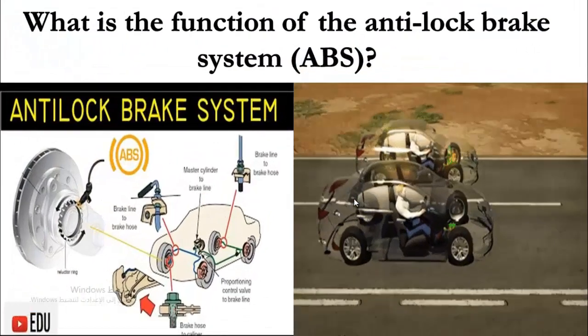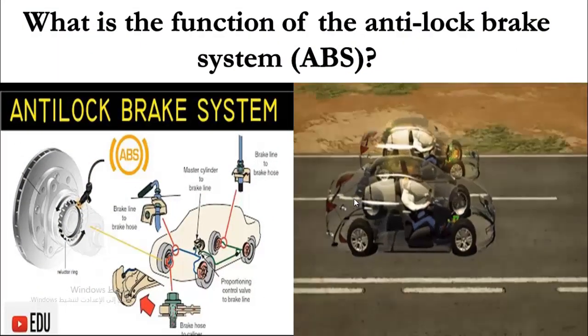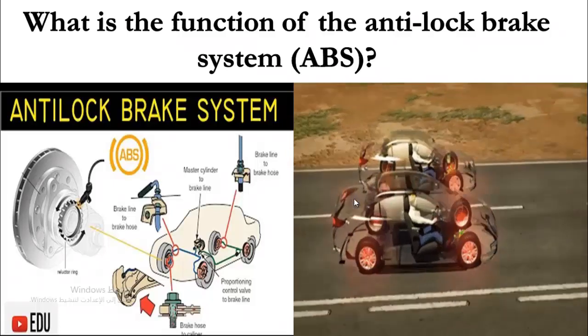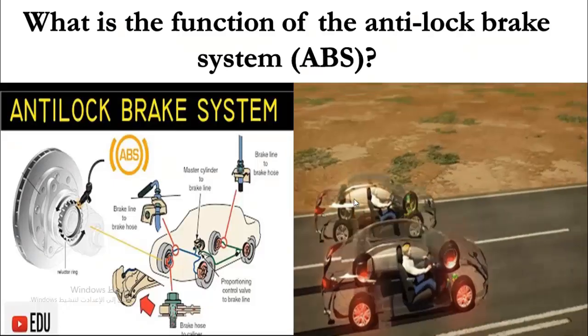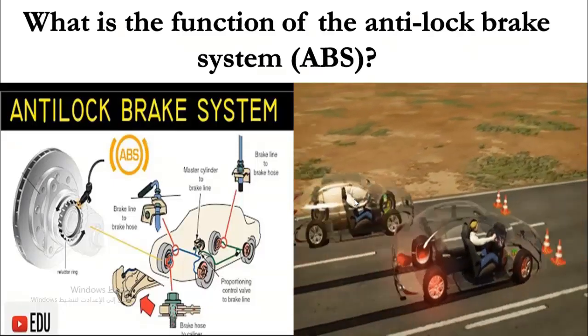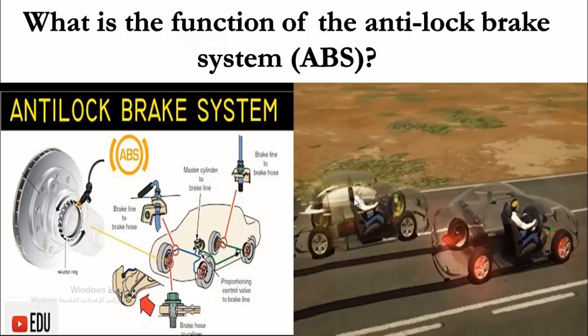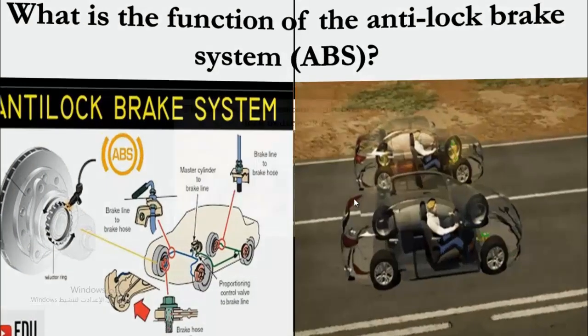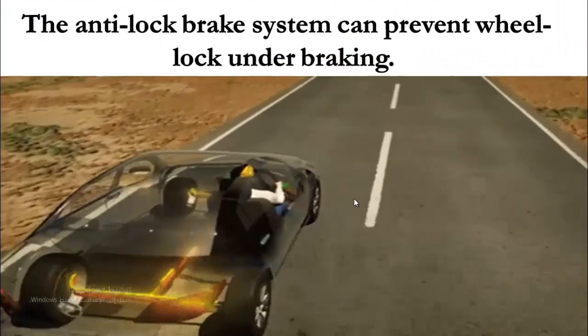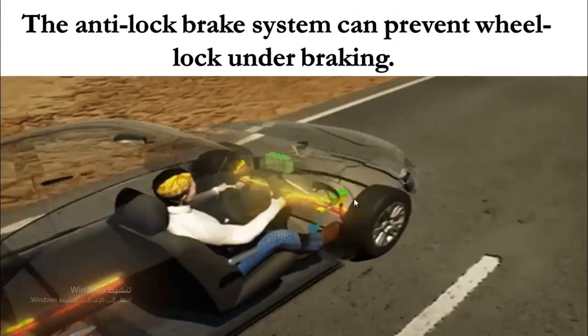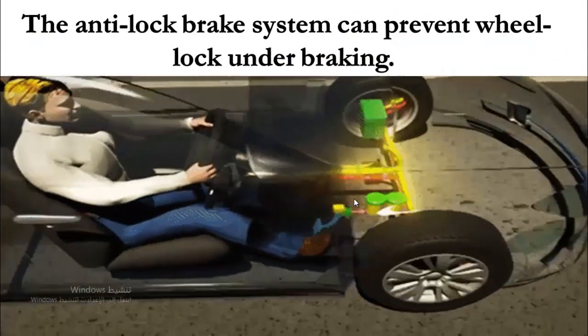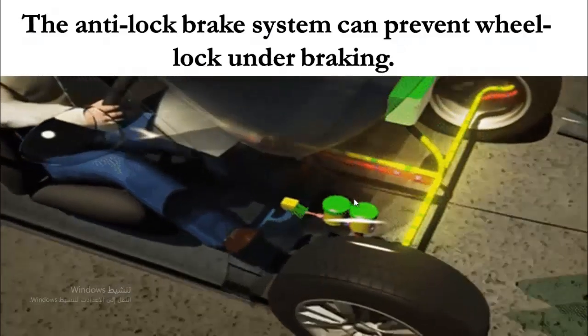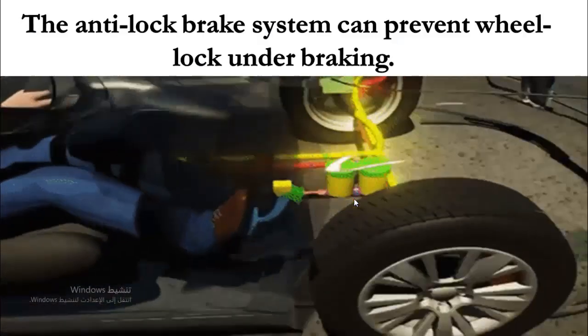The next word. What is the function of the anti-lock brake system? Its abbreviation is ABS. Anti-lock brake system. This system can prevent wheel lock under braking.